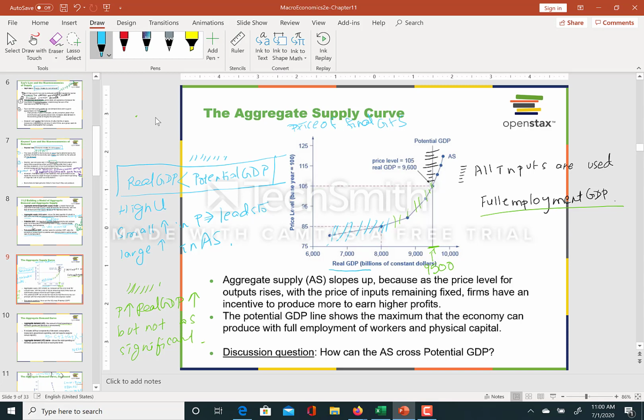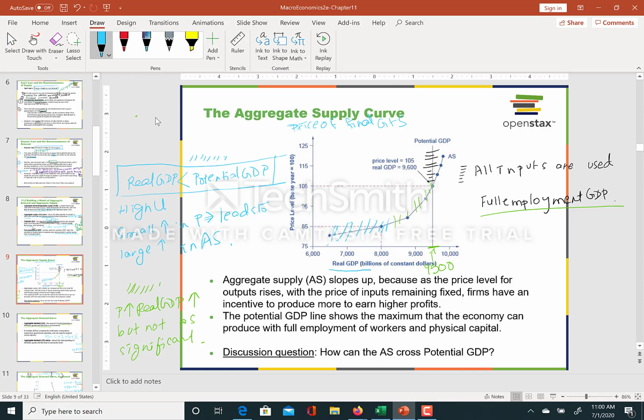Definitely the factories are working part-time, and if we increase prices by a little bit, the output will increase by leaps and bounds.